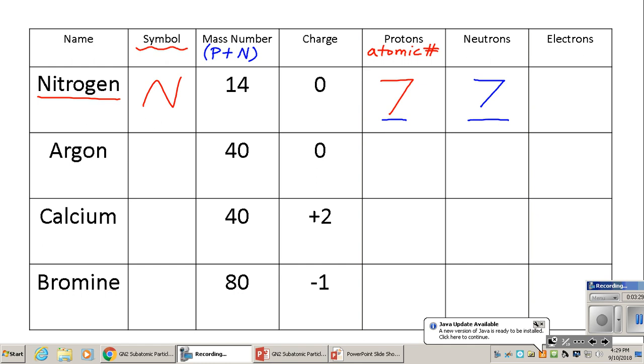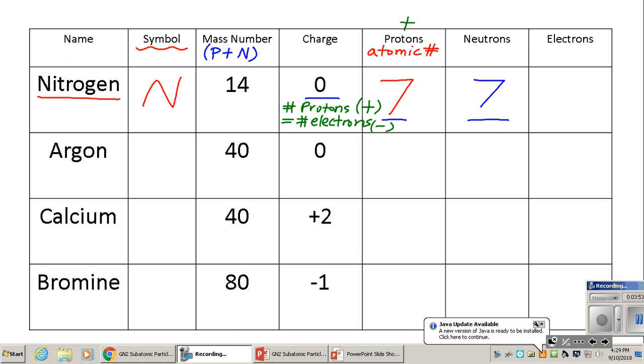The last piece to think about is the charge. Whenever something has a 0 charge, that means the number of protons, which are positively charged, is equal to the number of electrons, which are negatively charged. So we'll write the charges up here.